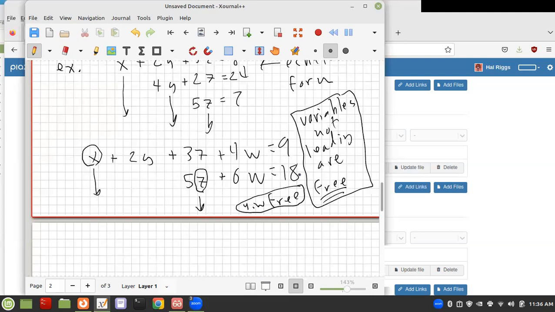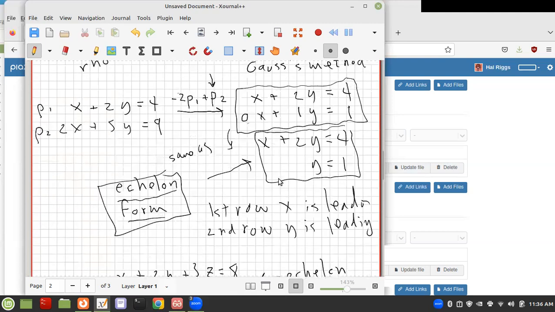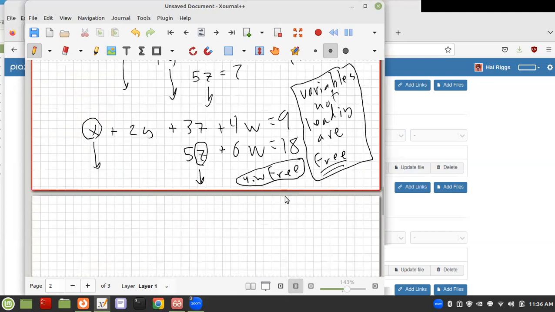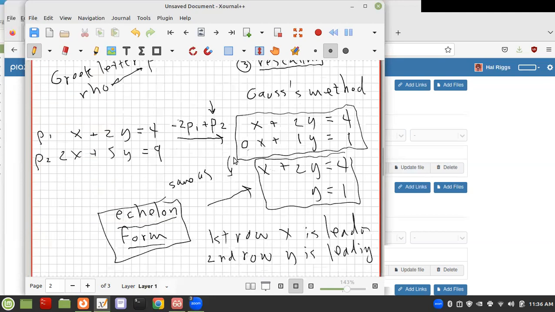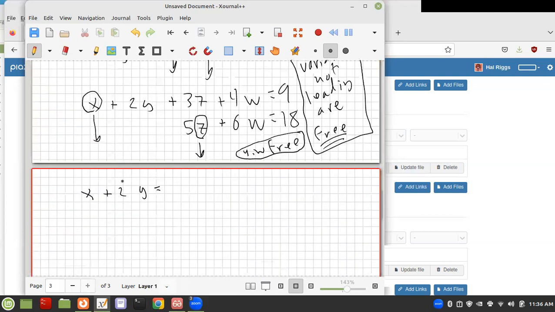Now, let's go back to the system we had before. Let me copy it down below. I think it is X plus 2Y equals 4 and Y equals 1. The method we use to solve this is called back substitution.